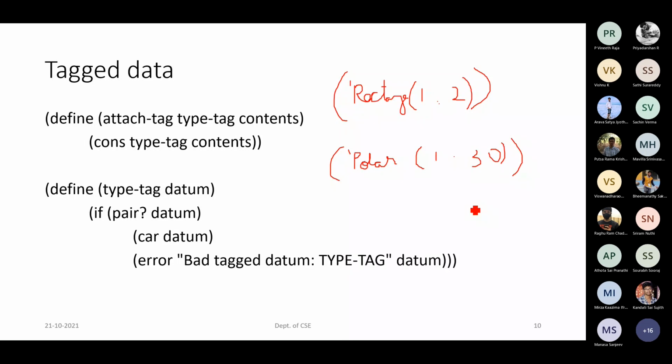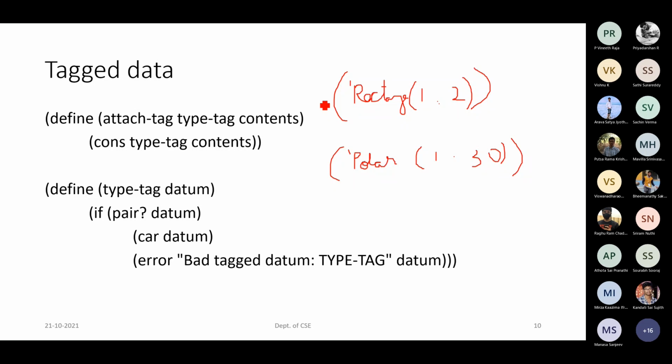If you make this small modification to your representation, what are the changes you will be making to the previously discussed procedures, and how can we make them generic procedures? That is what we are going to see in today's class. The same procedures we will use, but with small changes here and there based on the representation.